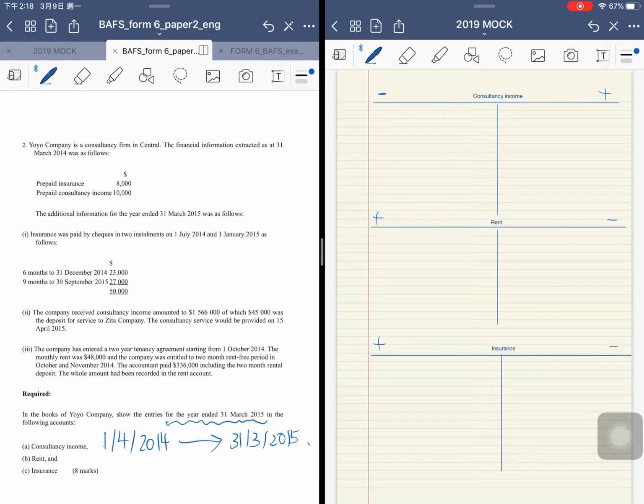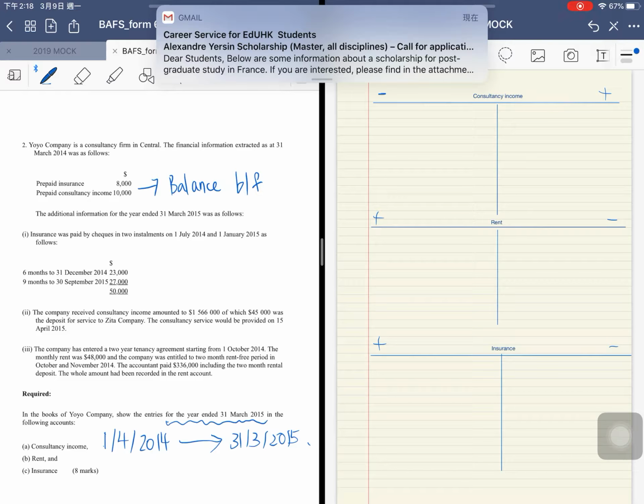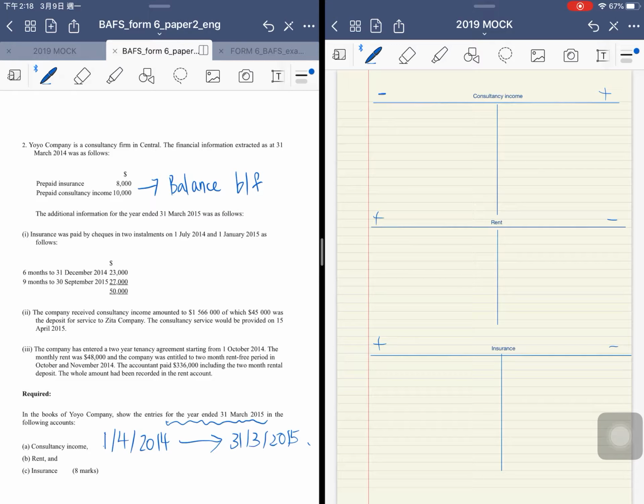So for the prepaid insurance and prepaid consultancy income, these are the balance brought forward. So let's see prepaid insurance.